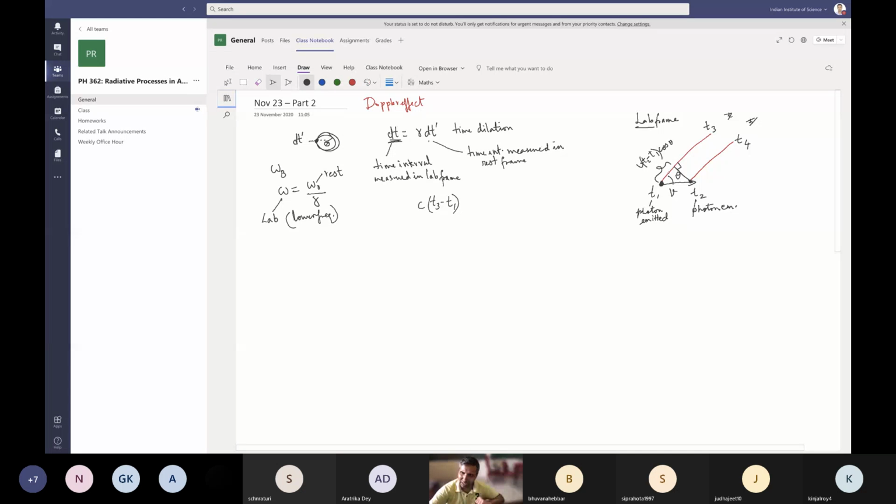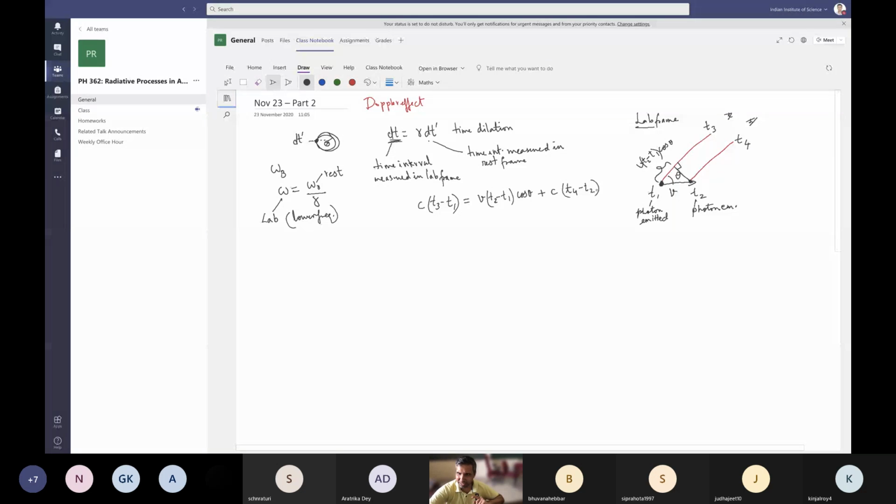This is the extra distance that the photon emitted earlier has to travel. So this is equal to v (t2 minus t1) cos theta. So this is this part of the distance, right? And plus c (t4 minus t2).